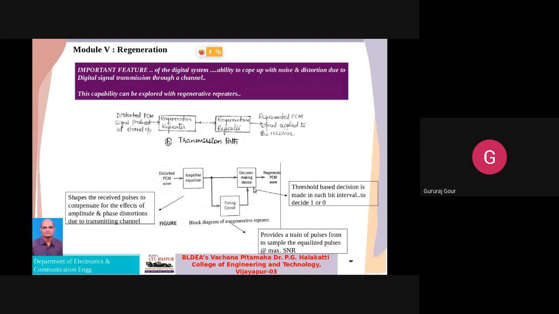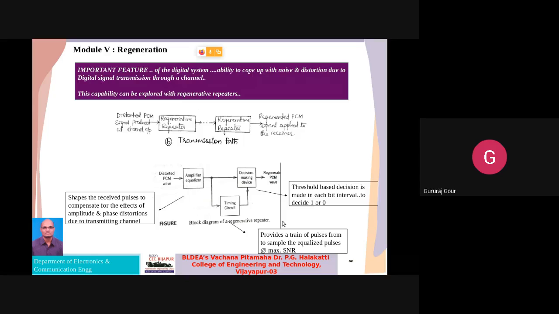Whenever we come across that instant where we have maximum SNR, then a decision will be taken whether our received reshaped PCM pulse is falling above that threshold or below that threshold. If it is falling above that threshold, then it will be represented by 1 and transmitted. If it falls below the threshold, then it will be sent as a zero pulse. So that is how it is going to regenerate our pulses.